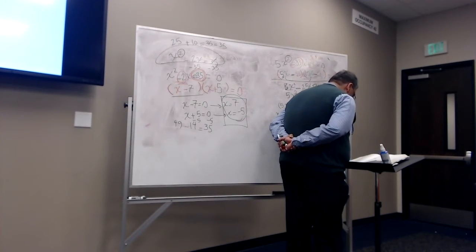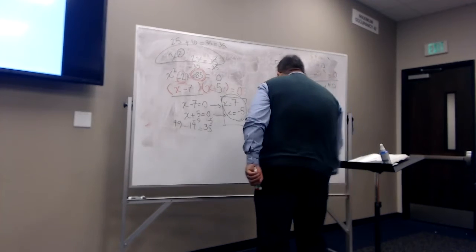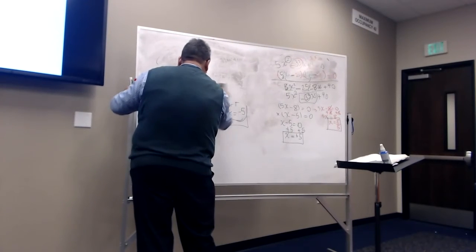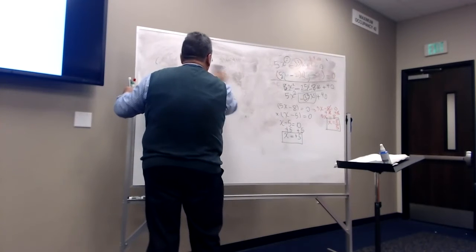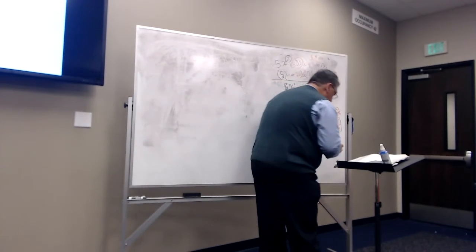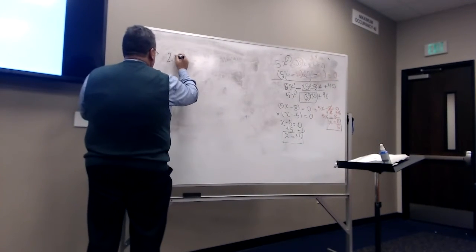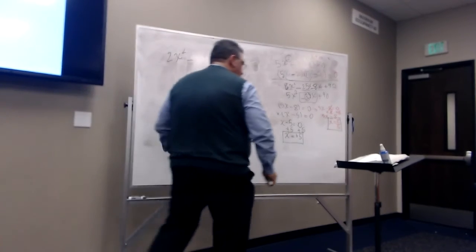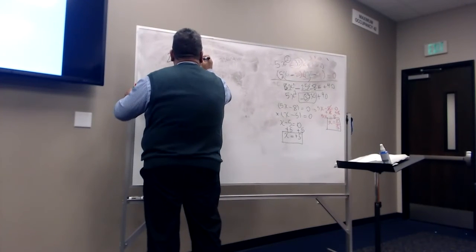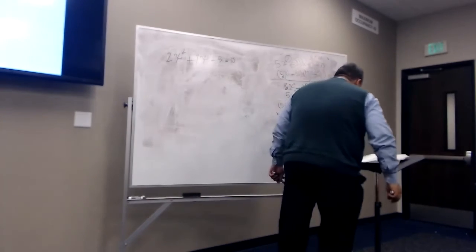If you look at your textbook, example 10, it's basically 2x² + 9x − 5 = 0. All right? Now, he says use the quadratic formula.